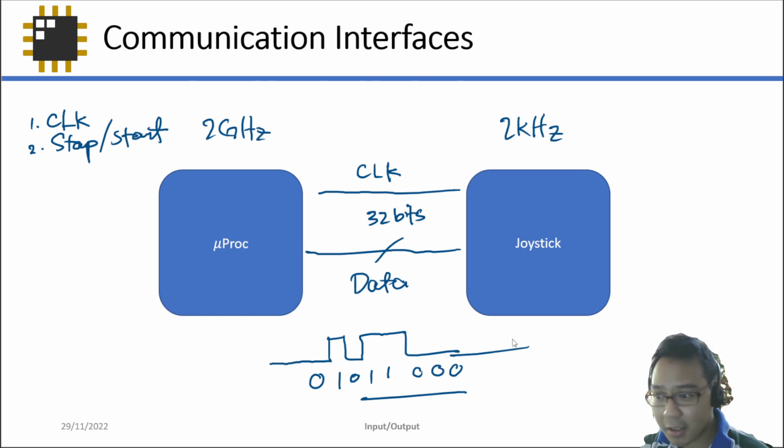And actually, we don't really need another line of data to do that. We just have to decide on a standard and have the devices agree upon that standard. That's why we have the USB standard, or the I2C standard, or the SPI standard. Those two are absolutely necessary, and that's why we need communication interfaces.